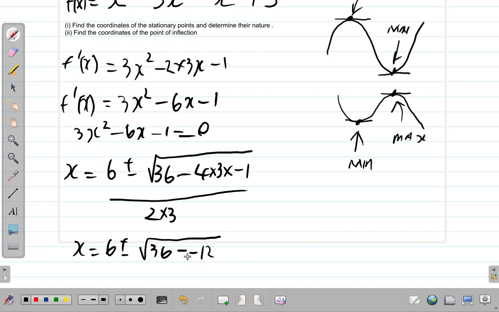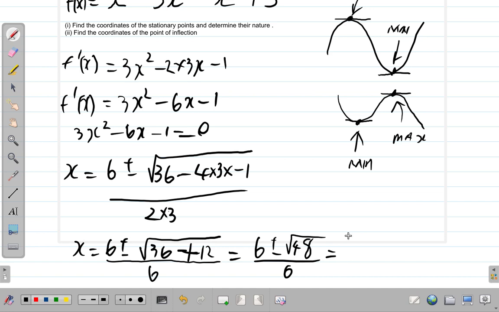Minus negative 12 is the same as plus 12, over 2 times 3, which is 6. So this is 6 plus or minus the square root of 36 plus 12, that's the square root of 48, over 6.